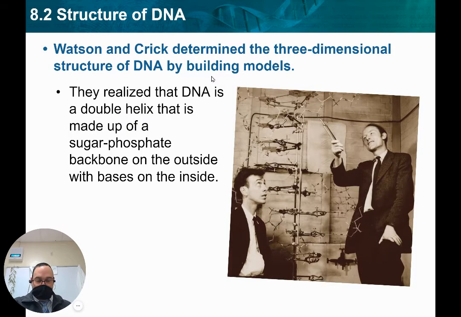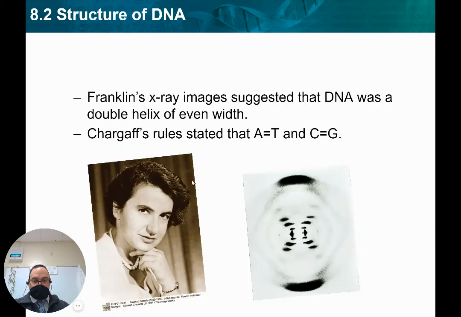The structure of DNA came about from two British folk, Watson and Crick. They created the three-dimensional model of DNA, but a lot of their work was based on Rosalind Franklin's work. Rosalind Franklin took this picture of DNA, which is looking down the barrel of DNA.